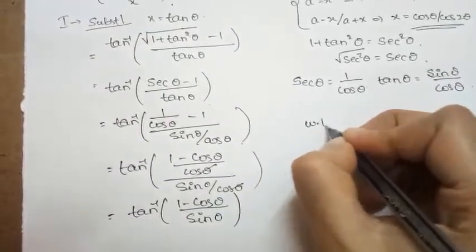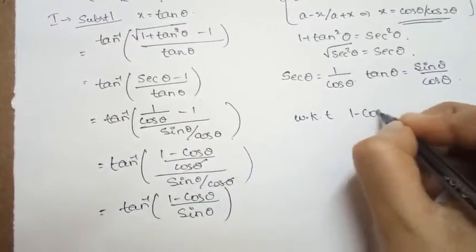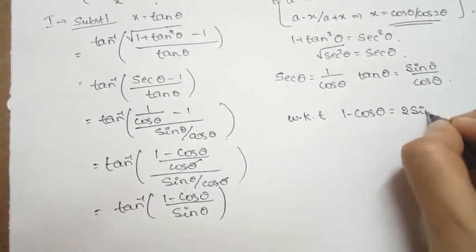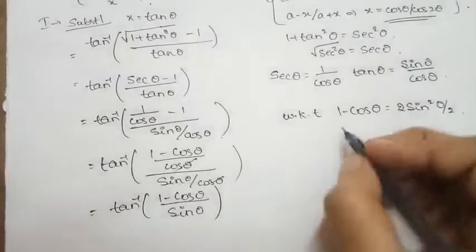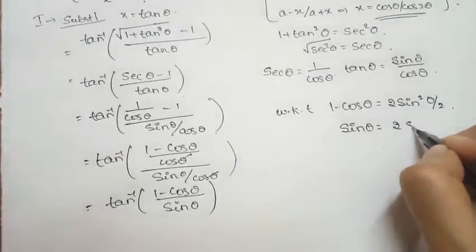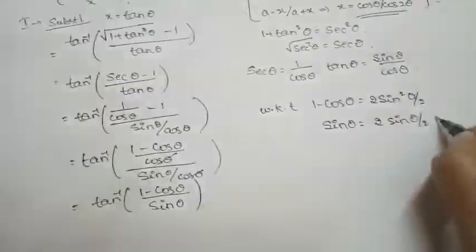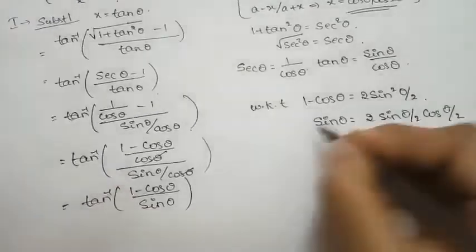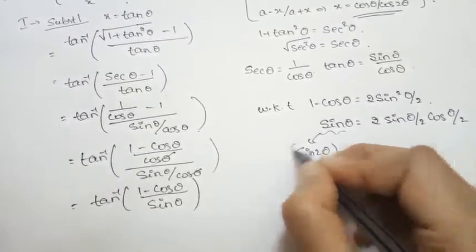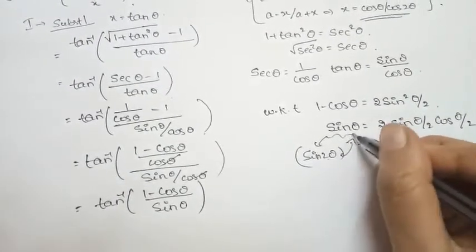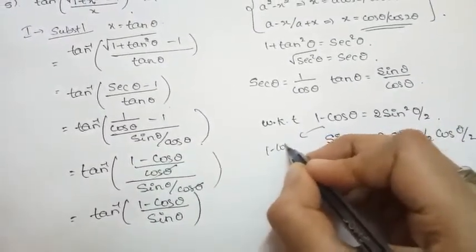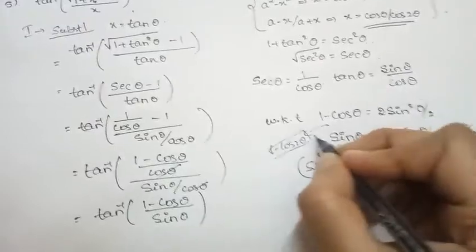Again we know that 1 minus cos theta can be written as 2 sin square theta by 2, and sin theta can be written as 2 sin theta by 2 into cos theta by 2. This is the half angle formula: it is the formula of sin 2 theta and of 1 minus cos 2 theta, where 2 theta is replaced by theta.